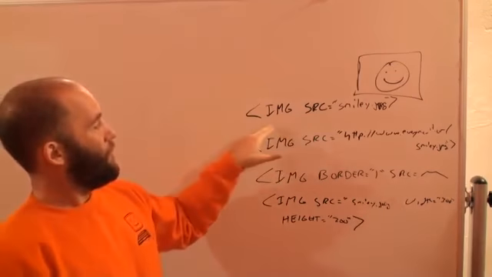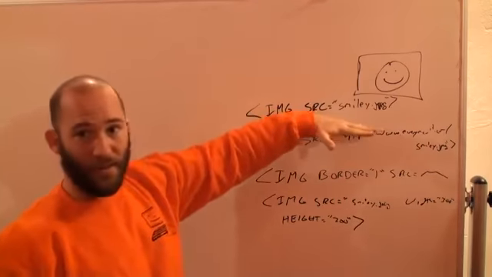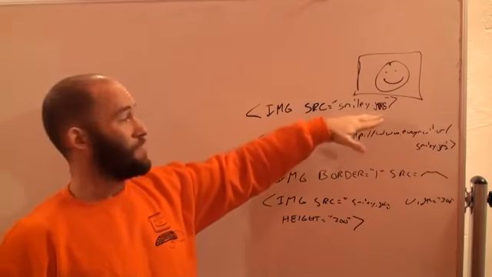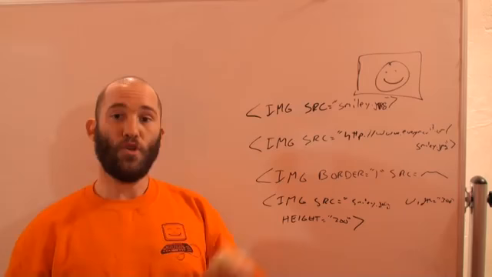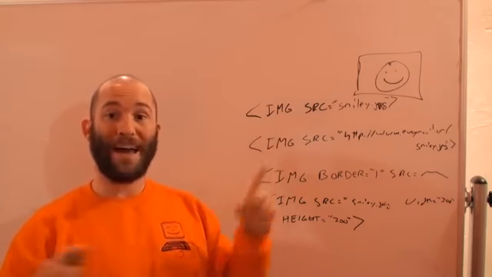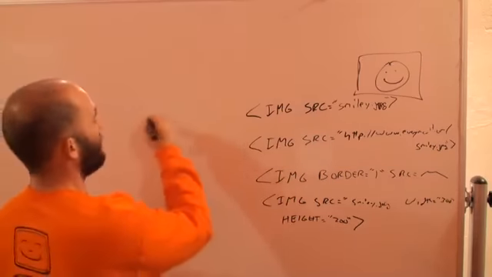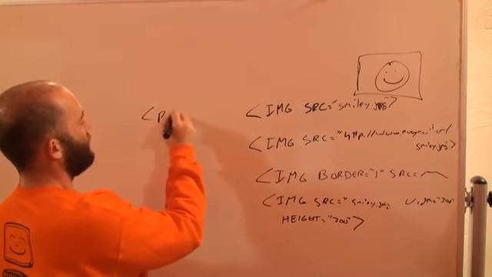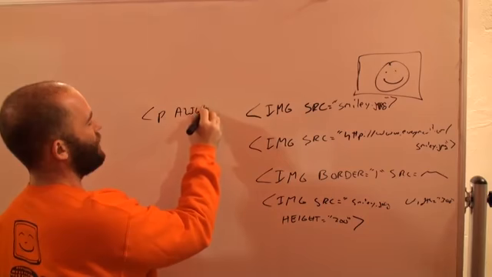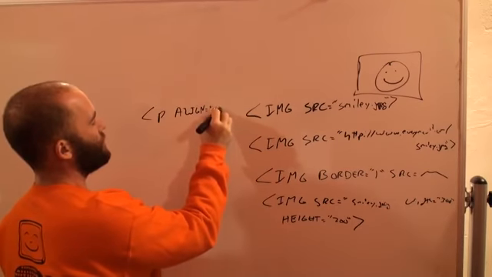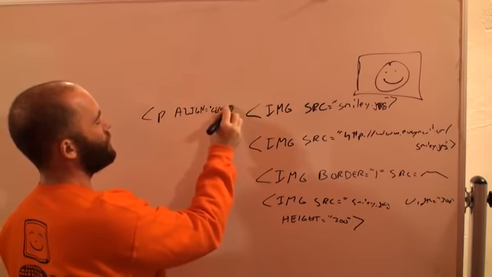So this is the first line of code, image src equals smiley.jpg. If you want that in the middle of your page, you would surround this by a paragraph tag. So over here, you would do P, and then do align equals center.